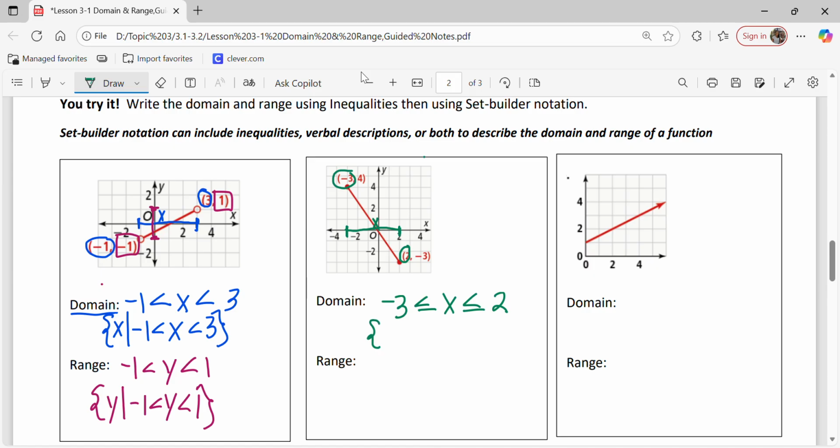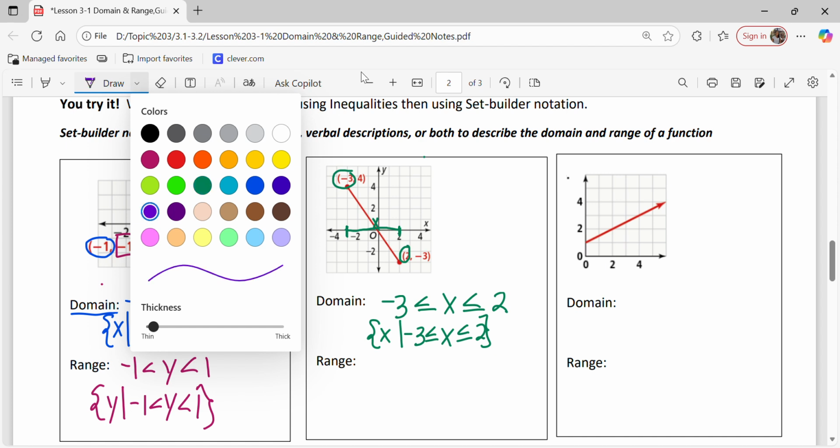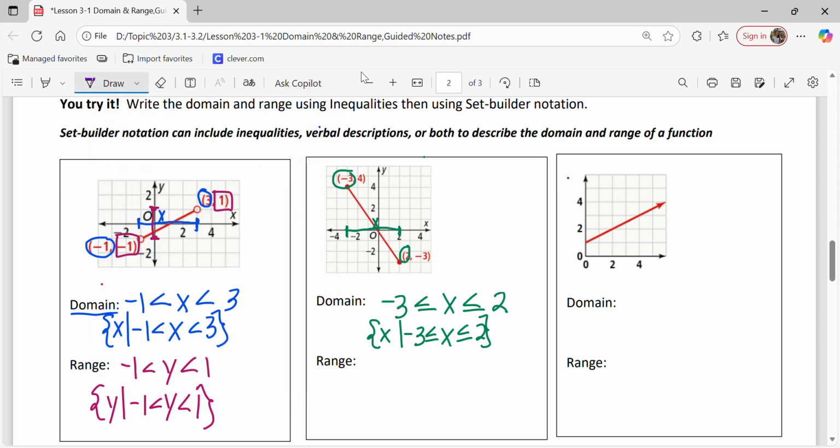Set builder notation, all values of x such that -3 is less than or equal to x, less than or equal to 2. My range, I'm going from -3, my smallest, +4, my largest range.